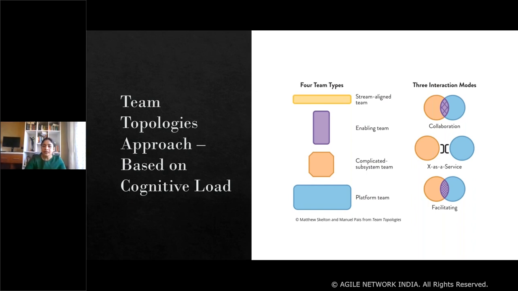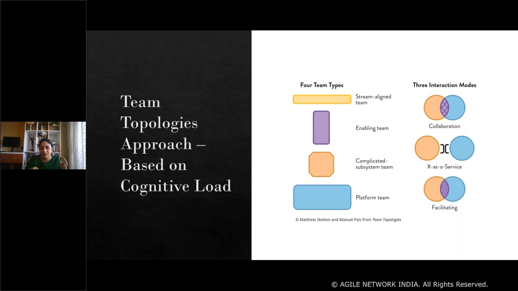Now, what does the complicated subsystem mean here? The complicated subsystem team is responsible for building and maintaining a part of the system that depends on specific skills and knowledge. Most team members must be specialists in a particular area of knowledge to understand and make changes to the subsystem where significant mathematics calculation and technical expertise is needed.